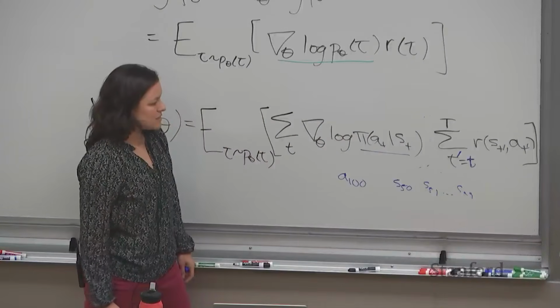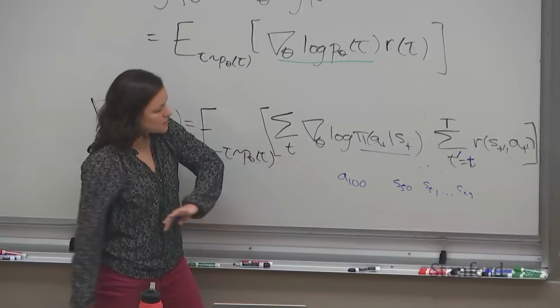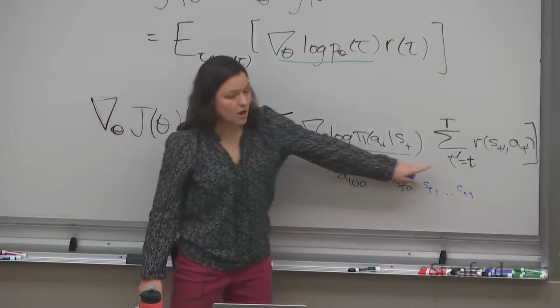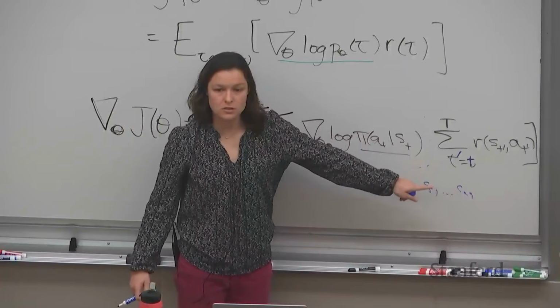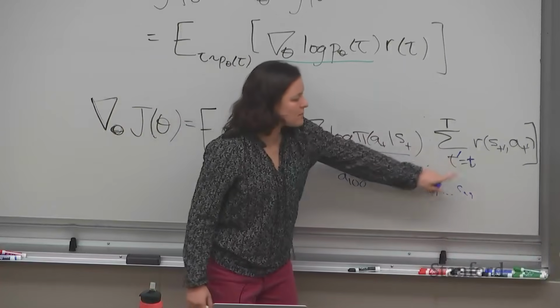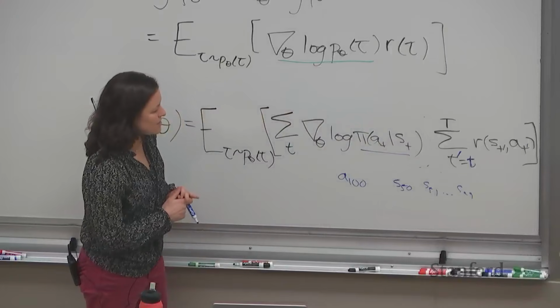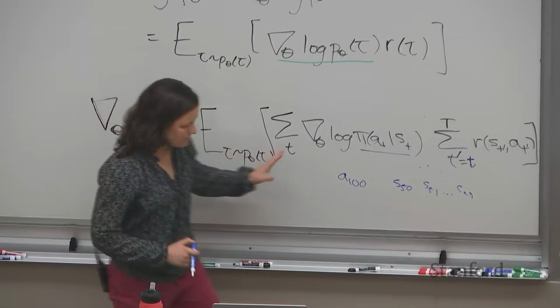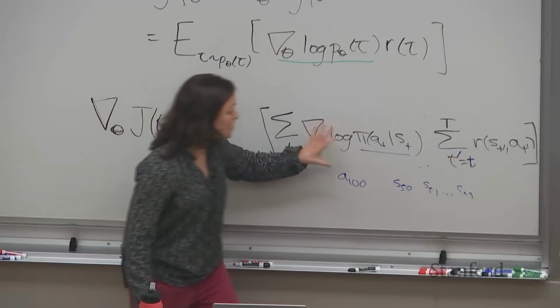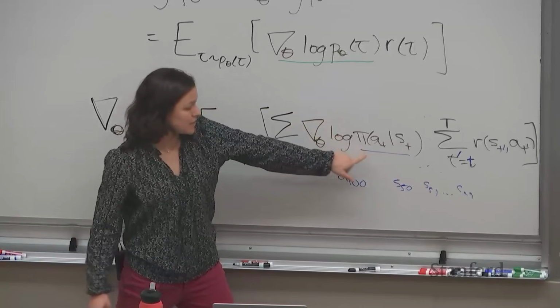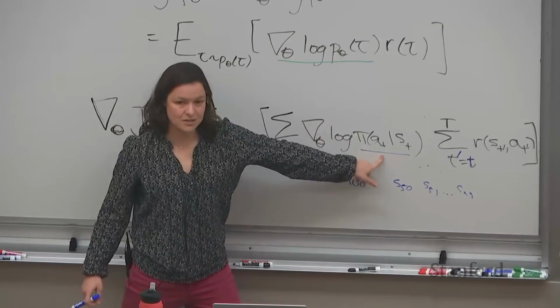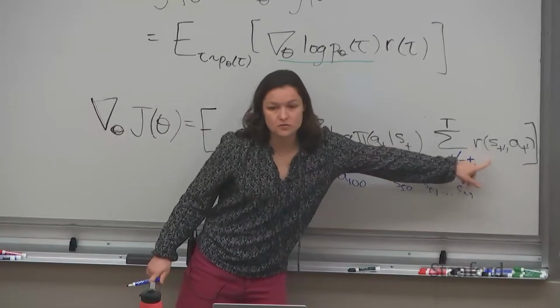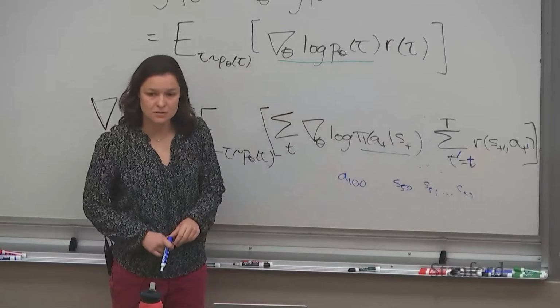Because of that independence, we can drop those rewards from the equation, and when looking at increasing the likelihood of an action at time t, only use the future rewards in that influence.